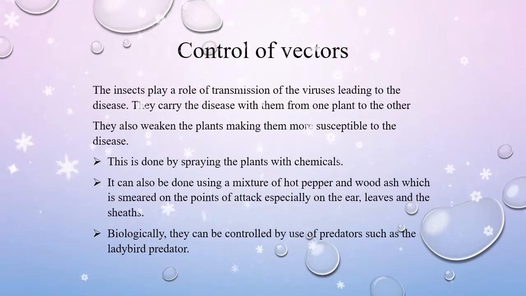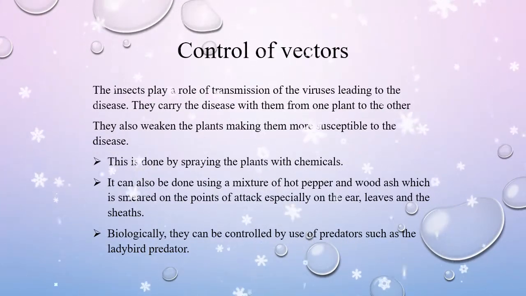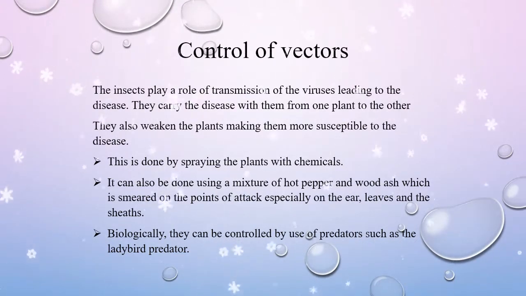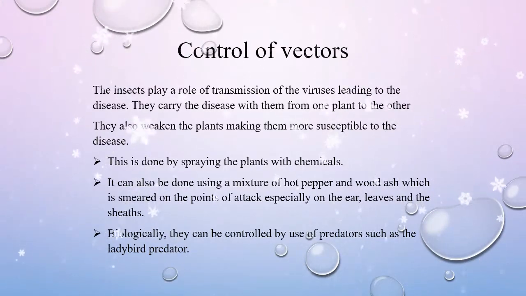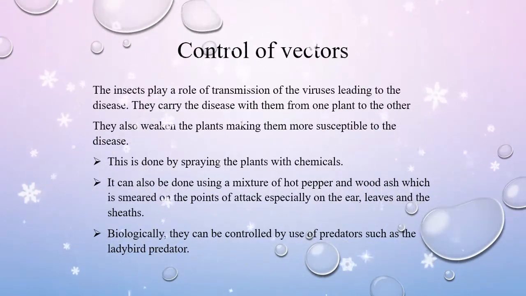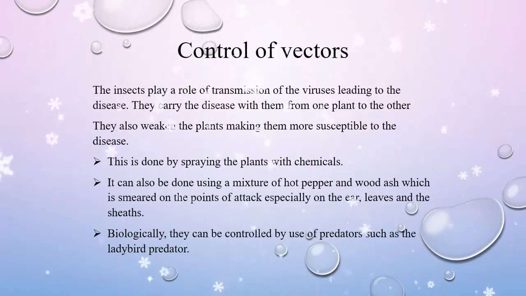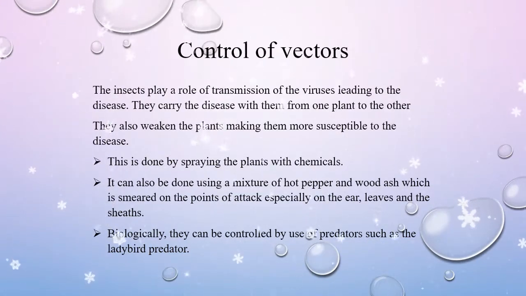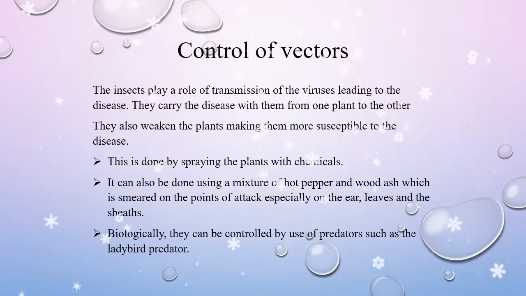Number one is spraying the plants with chemicals. Number two, it can also be done using a mixture of hot pepper and wood ash, which is smeared onto the plant or the points of attack on the plant, especially on the ear, the leaves, and the sheaths. This has been applied in various places, and I've seen it being a success.